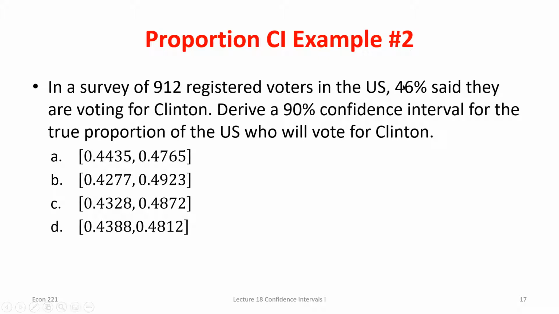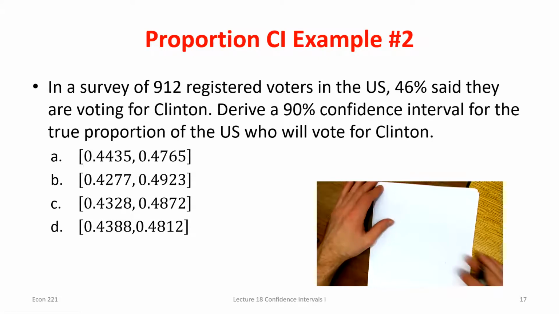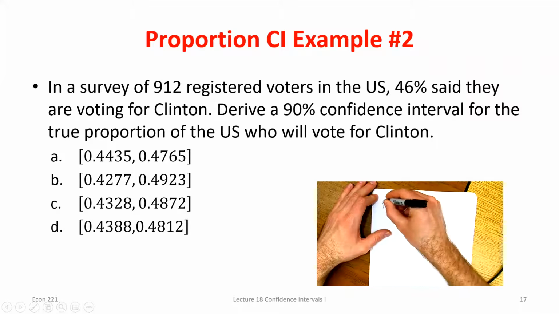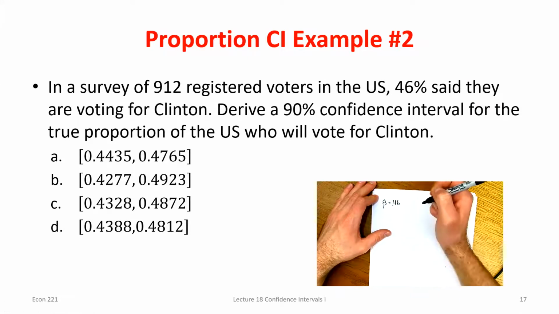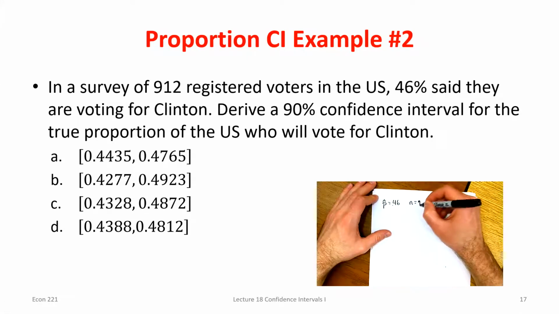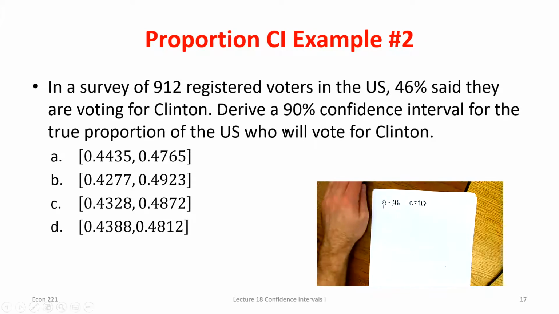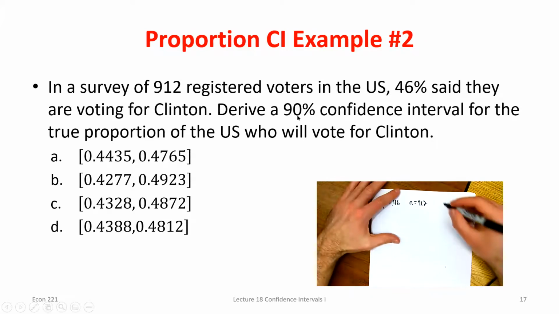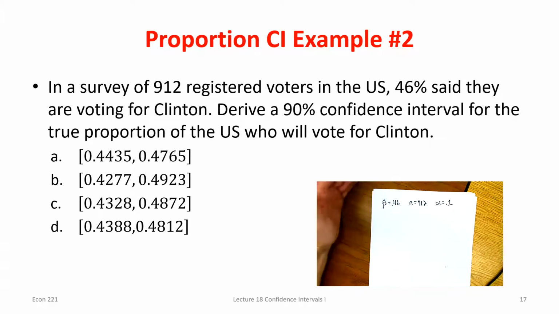Sometimes I'll be given information like this, where 46% of people say they're going to vote for Clinton, so that's a sample proportion of just 0.46. My sample size was 912. And if I wanted a 90% confidence interval, my alpha would be, well, there's 10% outside the interval, in decimal form just 0.1.